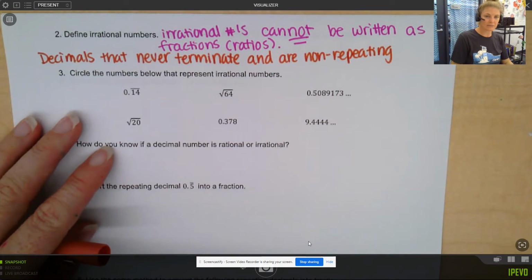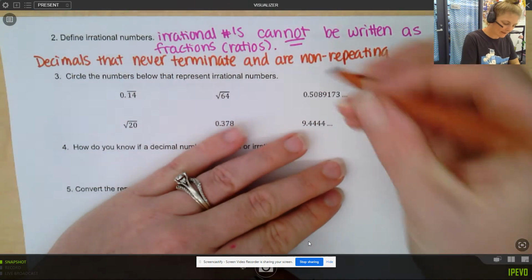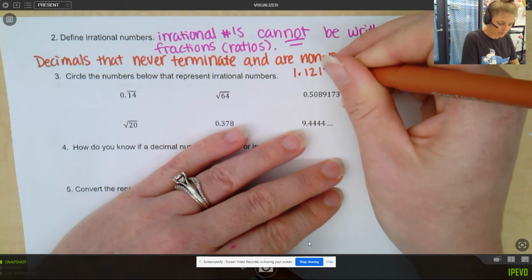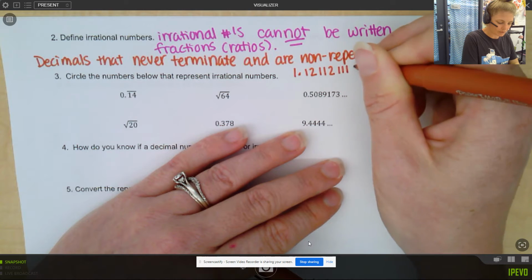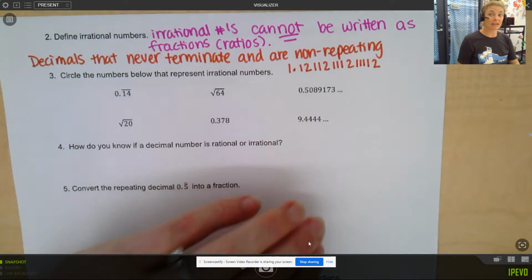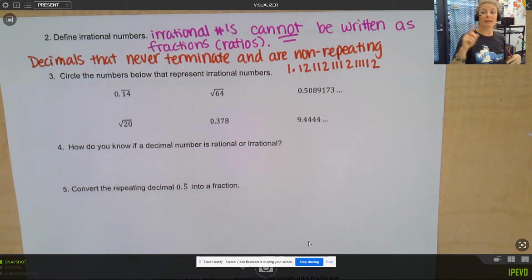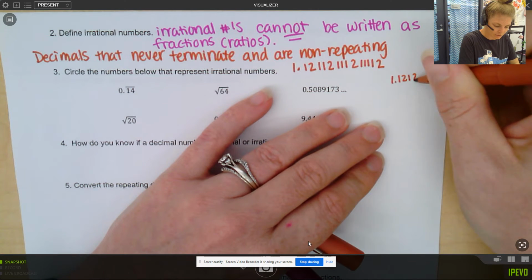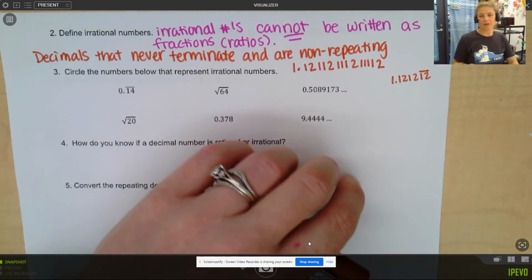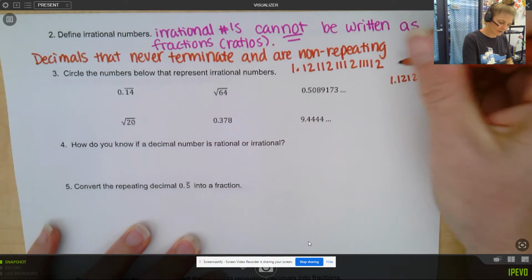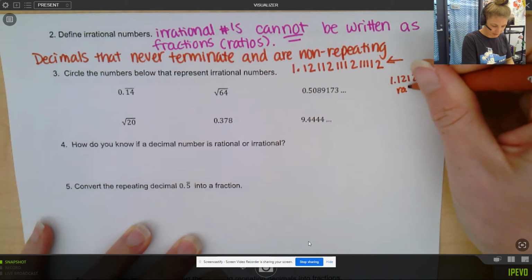So some students may think, oh, but repeating, like if I had 1.12, 112, 1112, 1112, it's kind of like there's a pattern, but pattern and repeating are very different things. So by repeating, if we had something like 1.121212, I could put a bar over it because that 1, 2 goes on forever. I can't put a bar over this. So this would be irrational, but this would be rational.